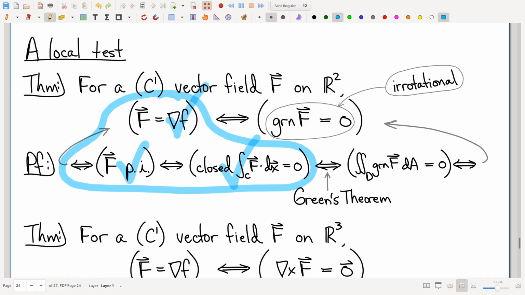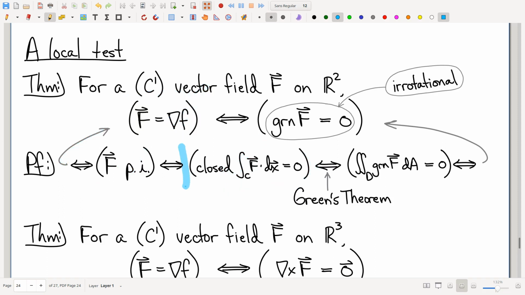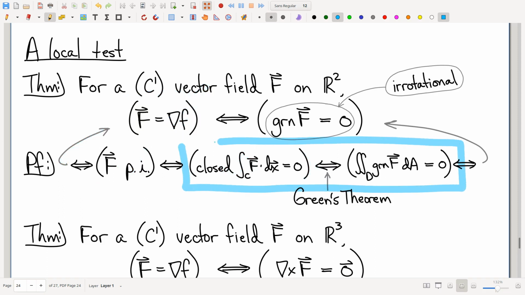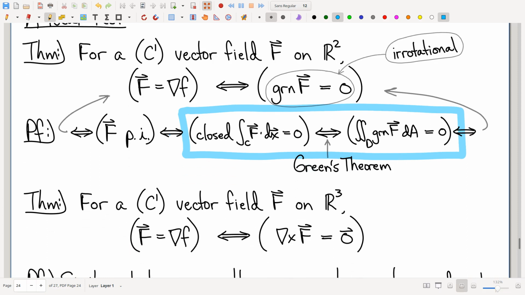That was our first thing today, that those three things are the same. So now, how do I connect these two statements? How do I connect that when all closed line integrals are zero, all double integrals of Green's operator must be zero? And that is straight up Green's theorem.